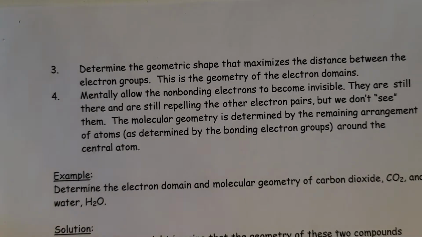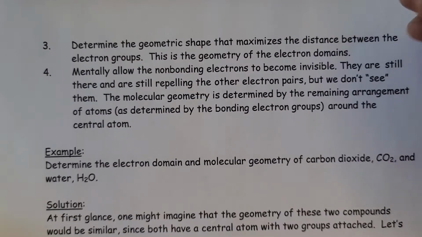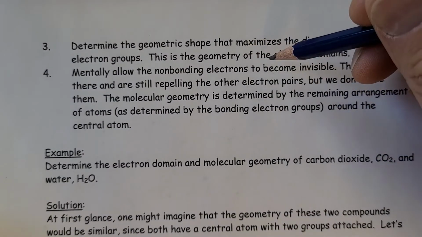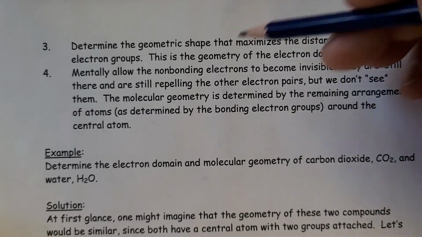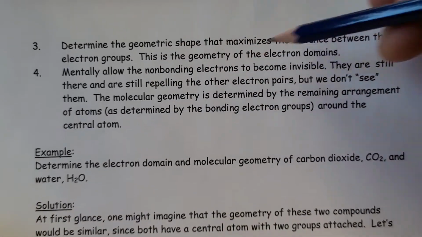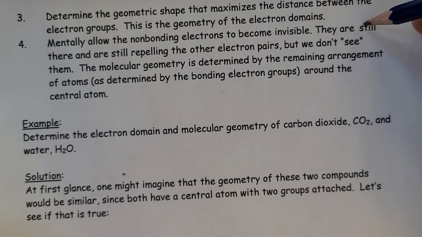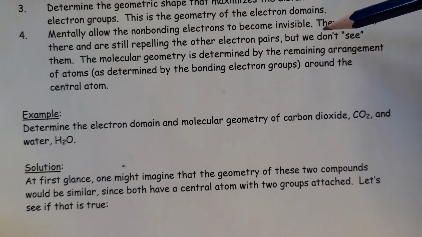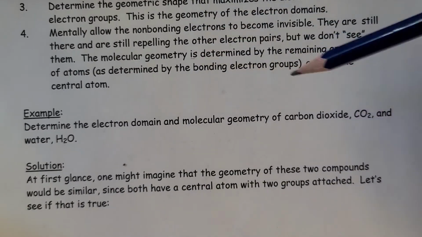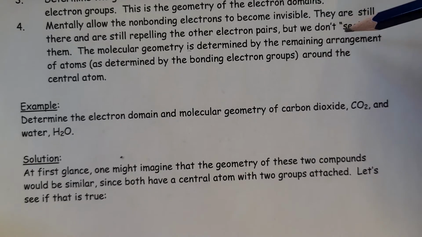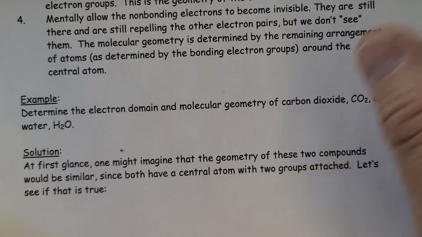And then determine the geometric shape that maximizes the distance between electron groups. This is the geometry of the electron domains. Mentally allow the non-bonding electrons to become visible. They are still there and still repelling each other, but we don't see them. The molecular geometry is determined by the remaining arrangement around the central atom.